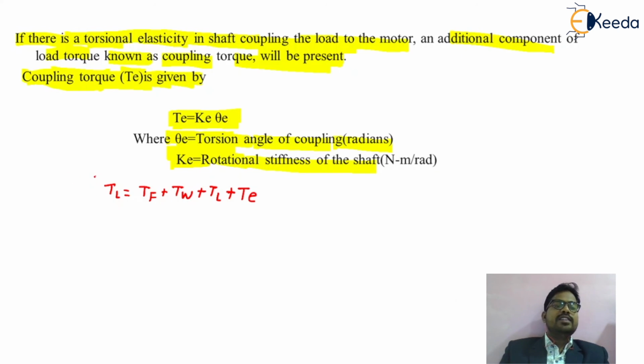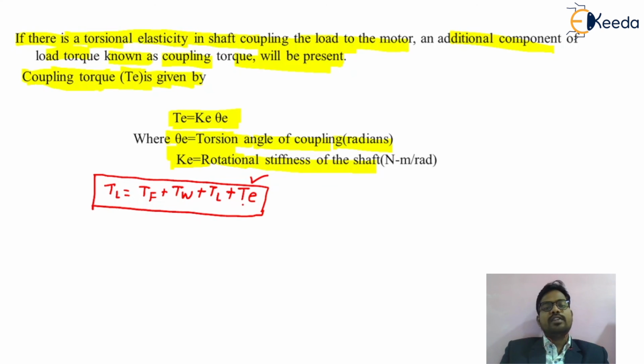TE is the coupling torque, because when we take the torsional elasticity value, we have to consider the coupling torque. This depends upon the rotational stiffness. TE is equal to Ke into theta E, where Ke is the rotational stiffness and theta E is the torsional angle.